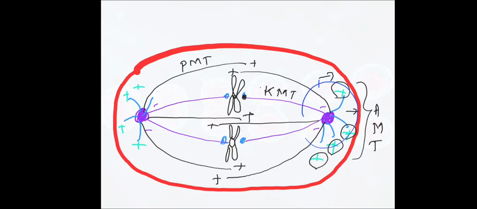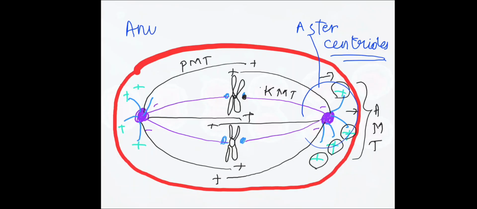So this is an animal cell where you can see the aster, or you can say centrioles. In the animal cell, the aster is present, astral microtubule is present, and the centrioles are present at the pole. So this is which cell? This is an animal cell.